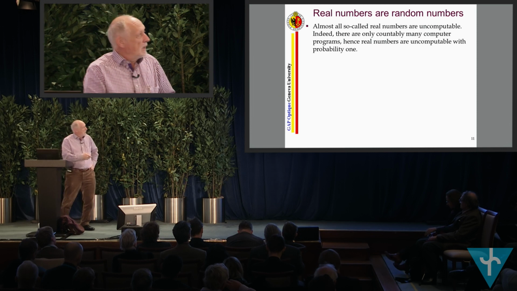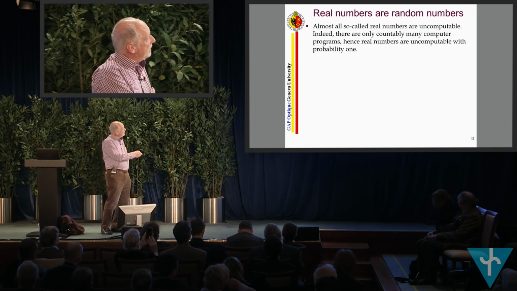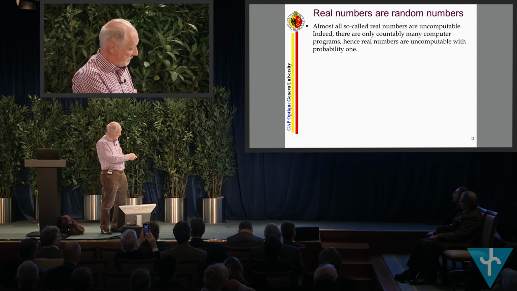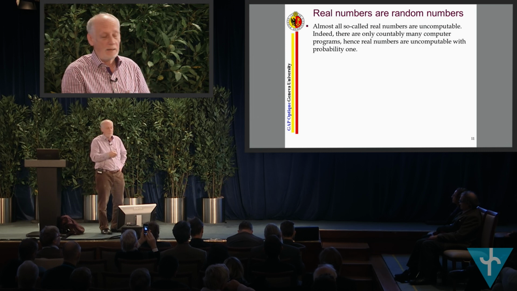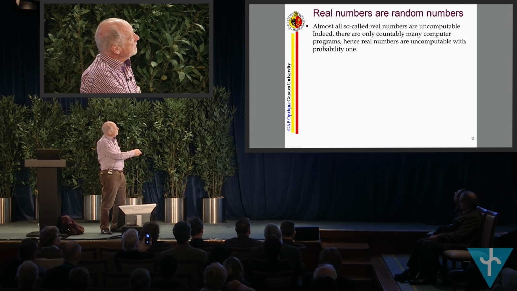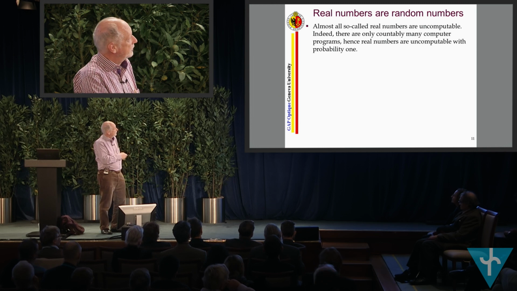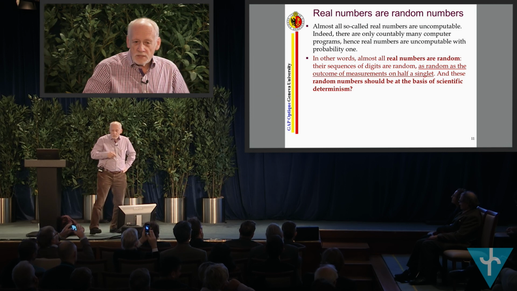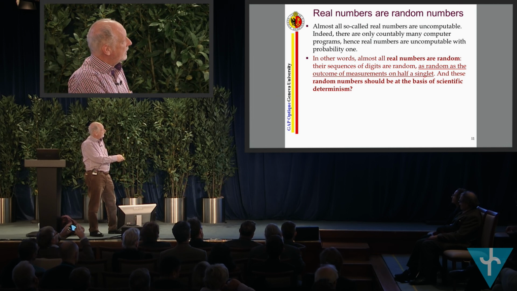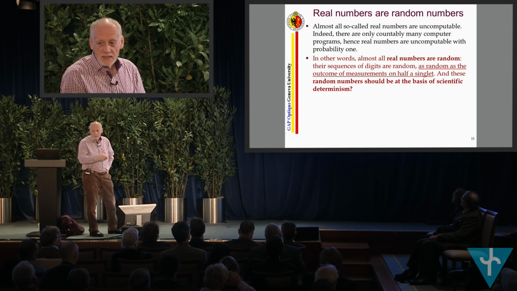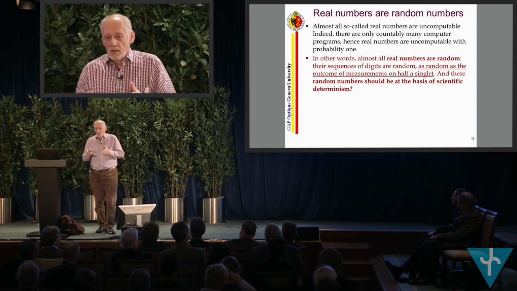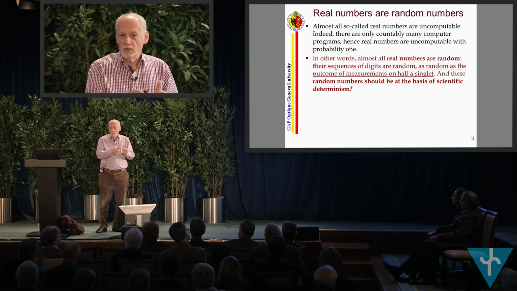Even more, almost all real numbers are uncomputable. You have only countably many software programs, and consequently most real numbers are not computable. So a better name for the so-called real numbers is actually random numbers. Because the digits of a real number are as random as what comes out of a quantum random number generator.